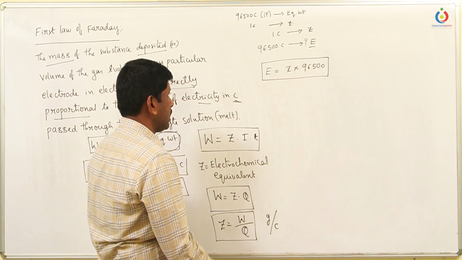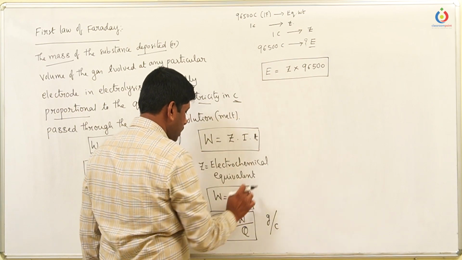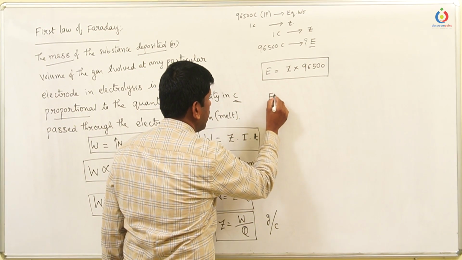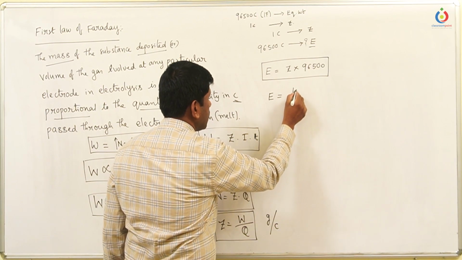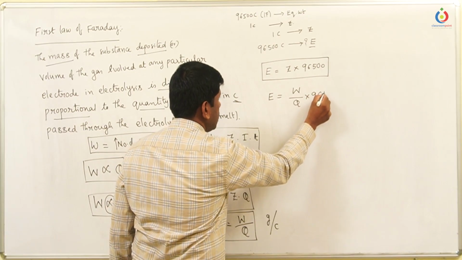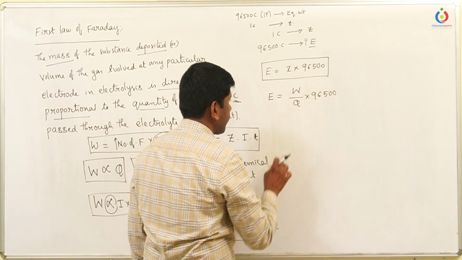Okay. Now let us try to substitute this Z value. What is the Z value here? W by Q is there. So here equivalent mass is equal to mass of the substance divided by Q into 96,500 coulombs.